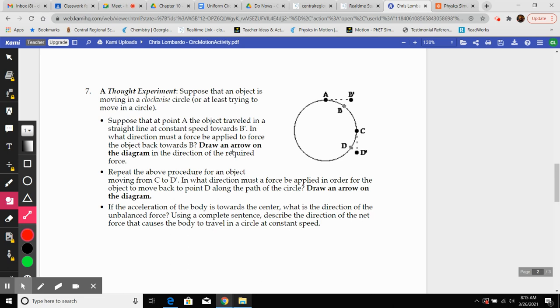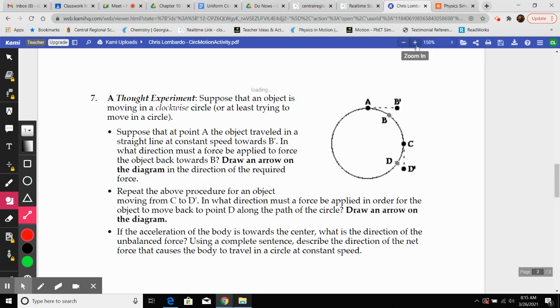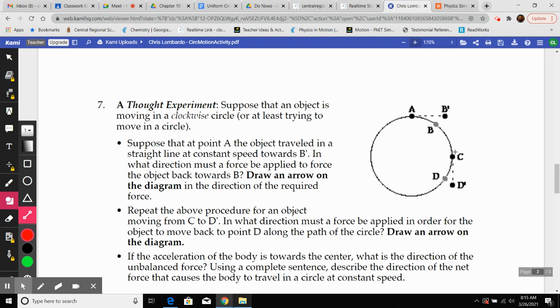So draw an arrow on the diagram in the direction required of the force. So let me zoom in just a little bit more here. So if the object is going from A to B prime, but it doesn't actually make it to B prime, it goes to B. What direction does the force need to be from B prime to B?